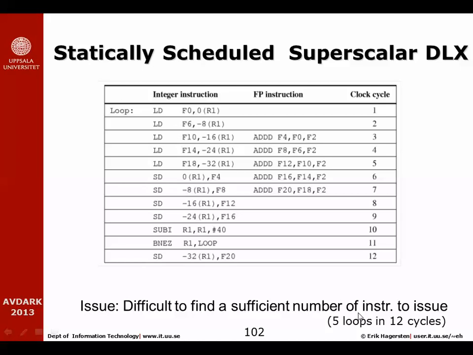So at the end of the day, with this fairly simple superscalar pipeline, we managed to execute 5 iterations of the example code in 12 cycles. So that means 2.4 cycles on average for each iteration of this loop. So that's a new world record.